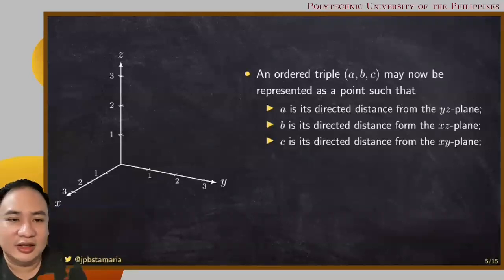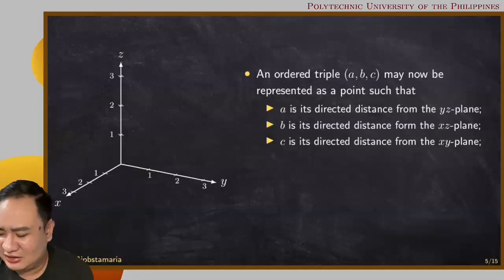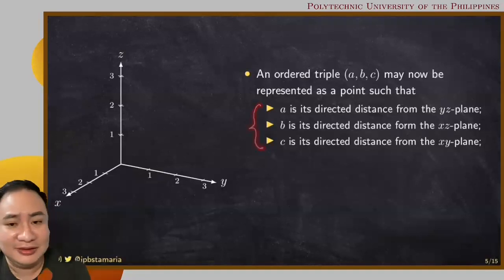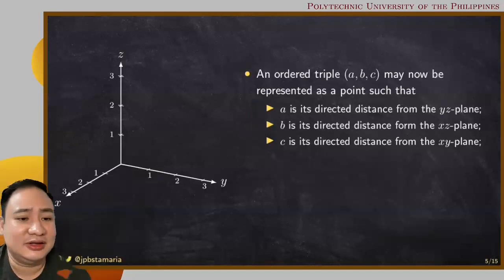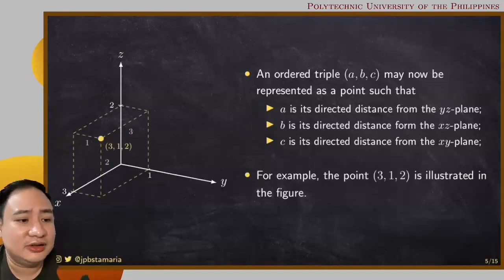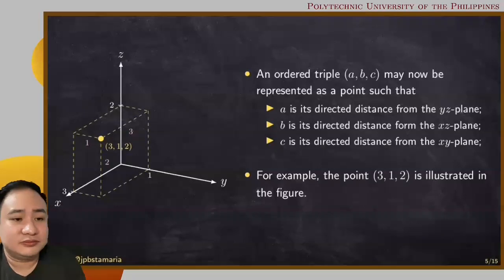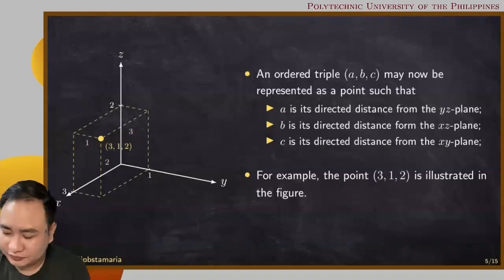Right? Si B, siya naman yung directed distance from the XZ plane, while si C, siya yung directed distance ng point from the XY plane. Pero huwag nyo nang isipin to kasi alam nyo nakakalito pa to eh. Let me just illustrate. So for example, we are locating the point 312. So where will you locate 312? Ganito.